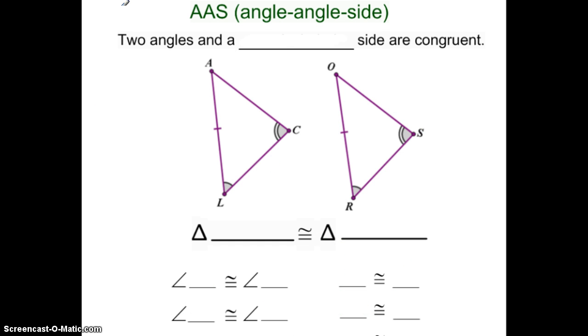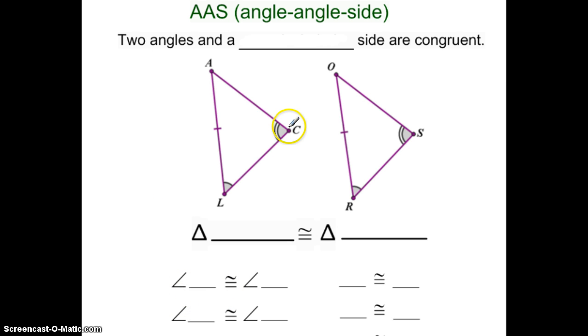Next we have angle, angle, side. Now angle, angle, side can get a little tricky. On page 249 of your textbook, our angle, angle, side congruence theorem says that if two angles and a non-included side of one triangle are congruent to two angles and the corresponding non-included side of a second triangle, then the two triangles are congruent.